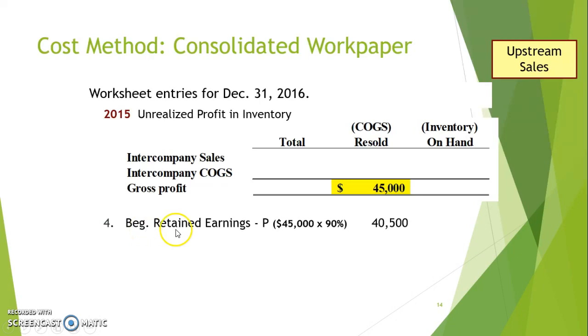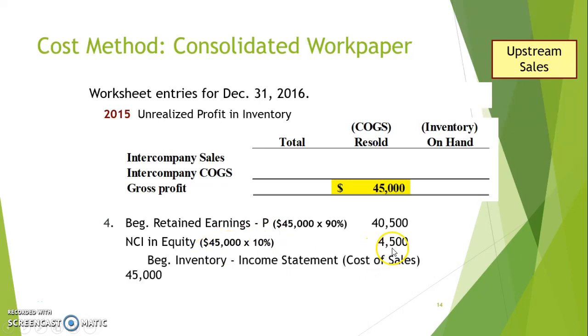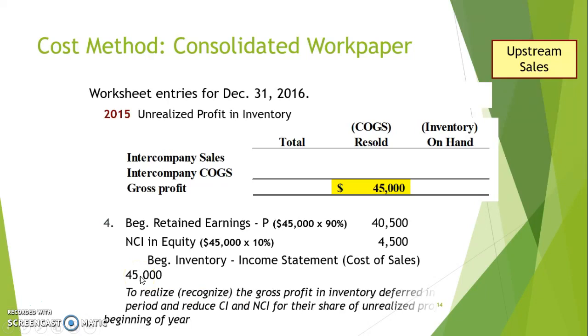debit the beginning retained earnings of the parent with 90% of this, because we own 90% of the company, and 90% of the 45,000 is 40,500. The non-controlling interest, their account will be debited with 10%, which is 4,500, and the credit would go to the beginning inventory in the income statement in the cost of goods account of 45,000 to reflect this.